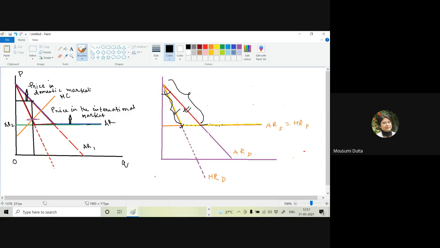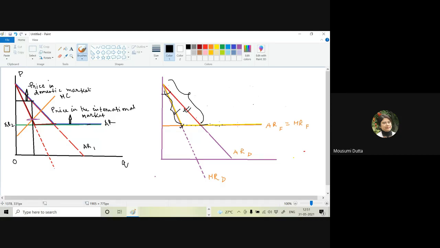As long as price remains higher than that level, the marginal revenue will correspond to the negatively sloped red demand part. And as price drops to the orange level, that is the competitive level, MR will be the yellow flat line. Are you getting the point? Yes, ma'am.